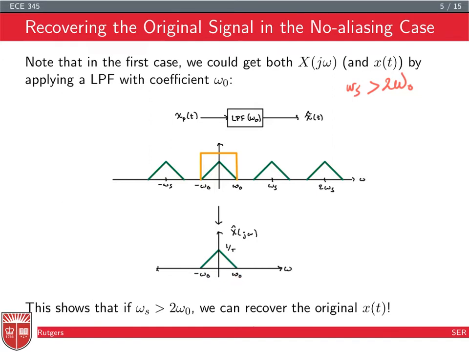Now, maybe I'm not going to care too much about it. It's going to be scaled by 1 over T because of the sum. If you remember, you had 2 pi over T times this sum in X_p(j omega), but that's not an issue because you can just scale it by multiplying the spectrum by a constant.